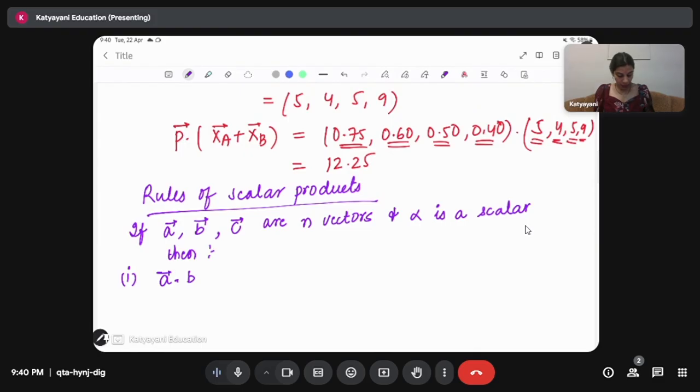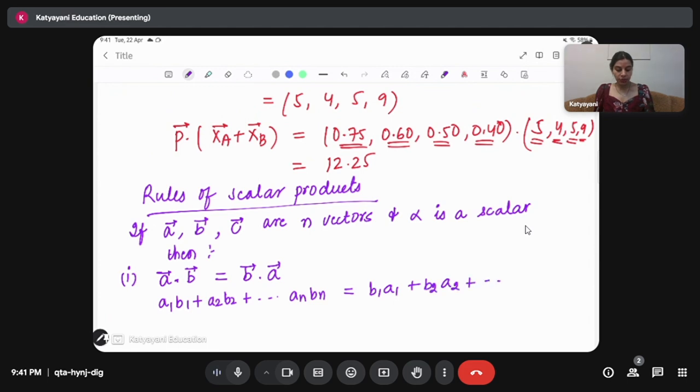If I take the scalar product of A and B, it is the same as the scalar product of B and A. So what does it mean? So how can you prove it? The proof is pretty simple. Scalar product of A and B is A1 B1 plus A2 B2, right? And so on till An Bn. And the RHS is B1 A1 plus B2 A2 and so on till Bn An.